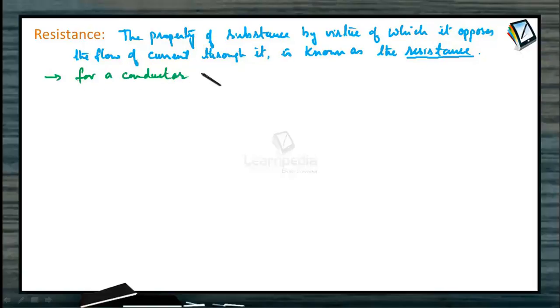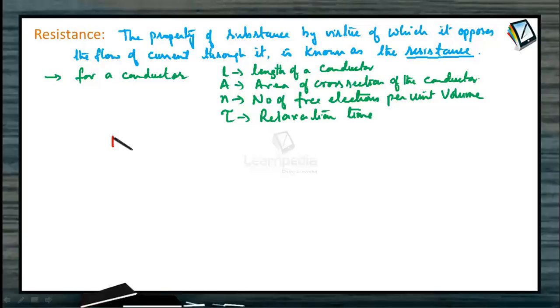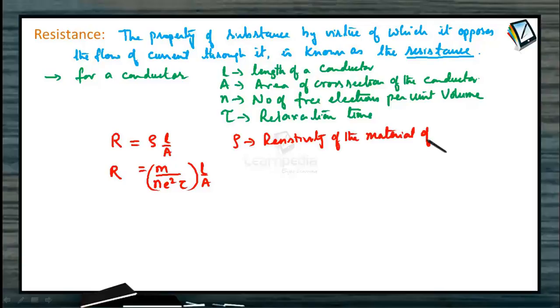For a conductor, if L is the length of the conductor, capital A the area of cross section of the conductor, n the number of free electrons per unit volume, tau the relaxation time, which we have studied in the last session, then resistance R is directly proportional to length and inversely proportional to area, or R is equal to rho L by A, which is also written as m by n e square tau into L by A. This is the resistance R. Rho is called the resistivity of the material of the conductor.